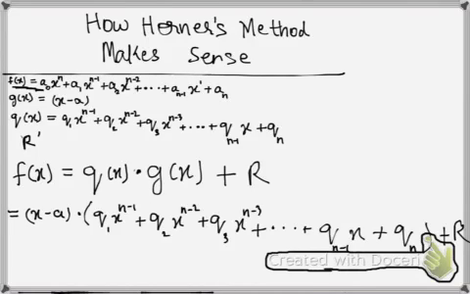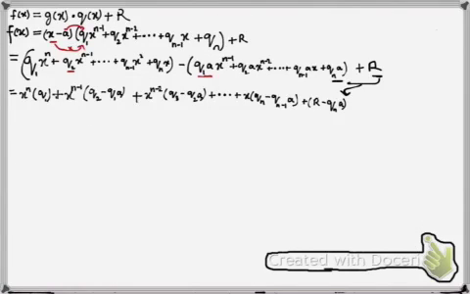So let's write it here. a naught into x power n plus a1 x power n minus 1 plus a2 x power n minus 2 plus so on up to a n minus 1 x plus a n.